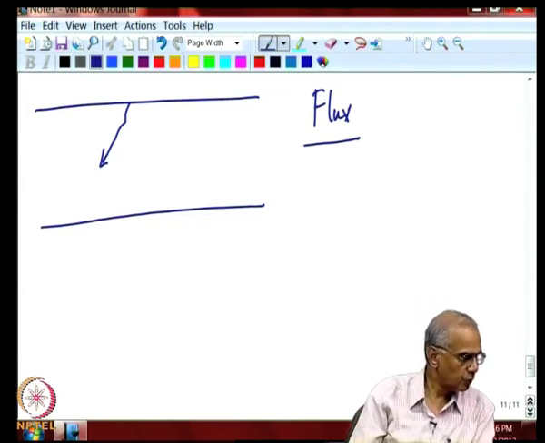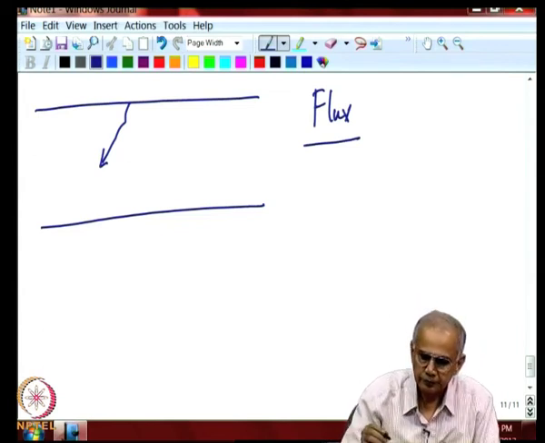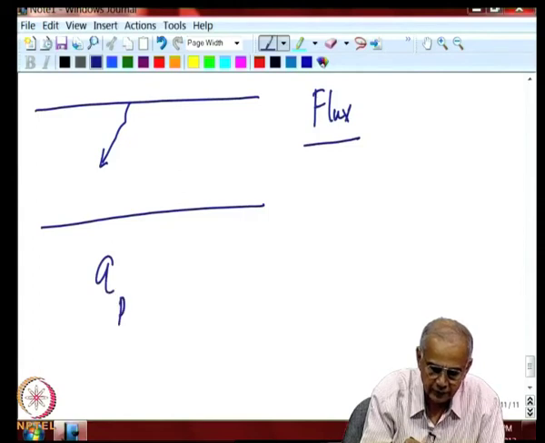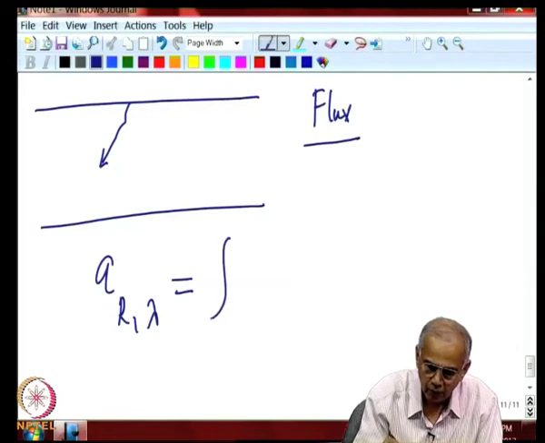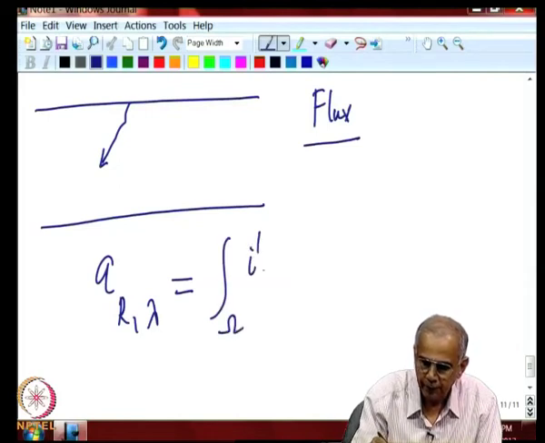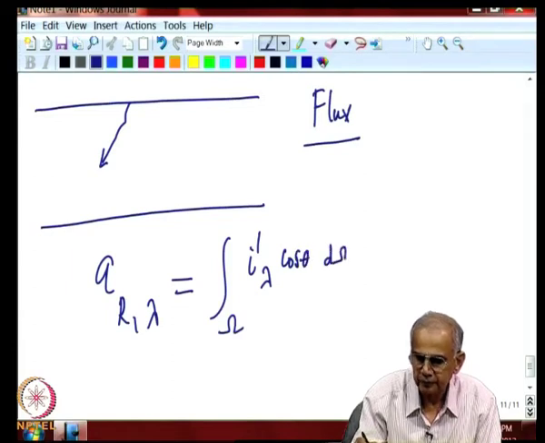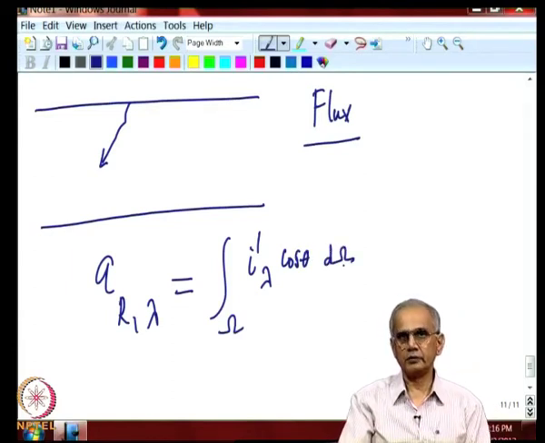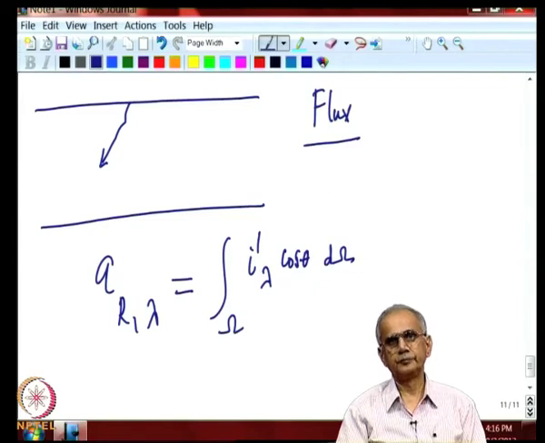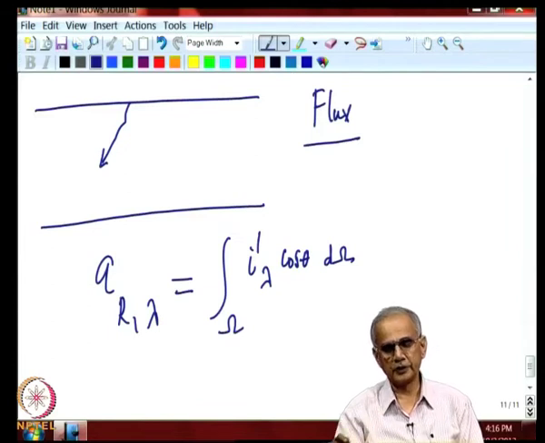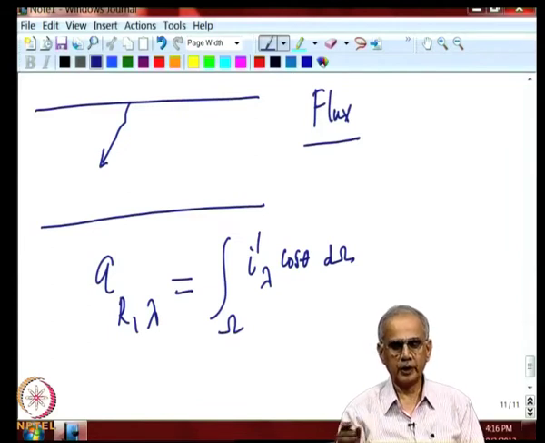So, if you recall, our definition of radiative flux was nothing but the integral over omega of I prime lambda cos theta d omega. If any of you have forgotten, you can go back and look at the definition of I prime lambda, and you will remember a cos theta is built into the definition, and so is the d omega.